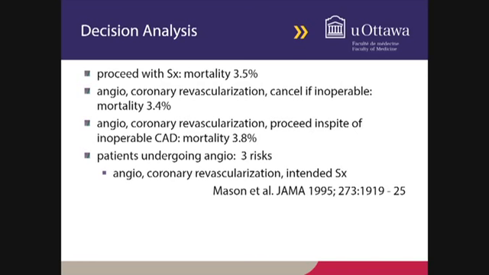The only group that actually had a higher risk was a group of patients where there's inoperable coronary artery disease, when you've done all the investigations and you still go ahead with the surgery, then you end up with a higher mortality, 3.8%.